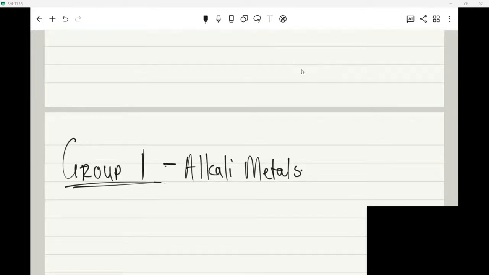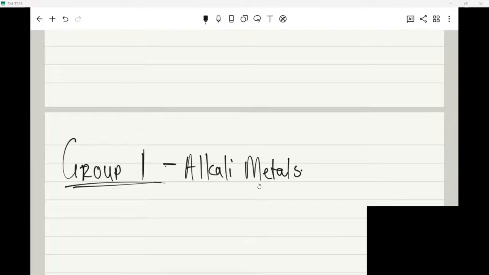First question you can ask me: what is it that makes group 1 be called alkali metals? Group 1 is called alkali metals because when you react them with water, they make a very strong base or a very strong alkali.